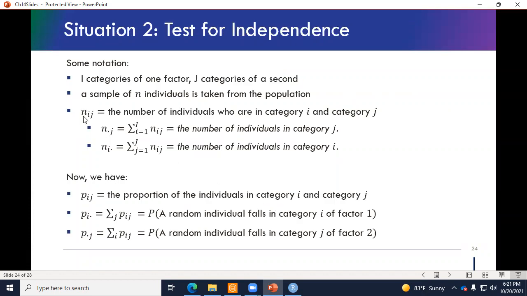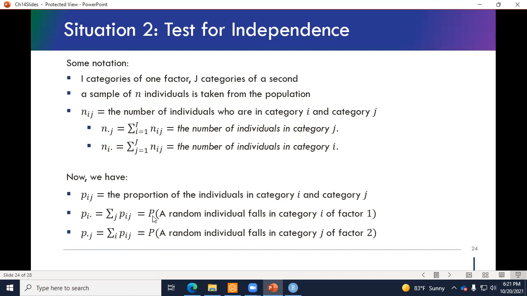Once we have this Nij, we can translate them to Pij, Pi dot and P dot j by dividing by the total number, and you get the corresponding proportions. This is just telling you what it physically means.